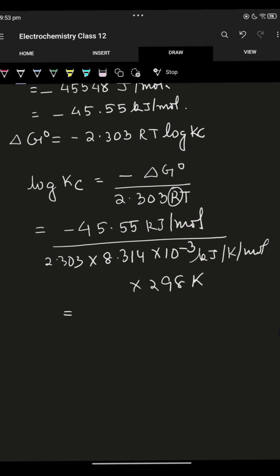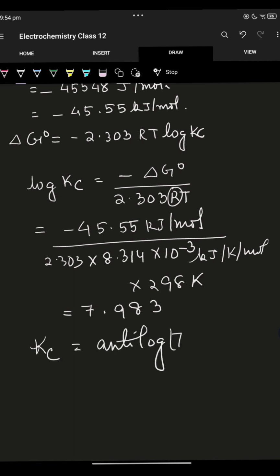So here the value will come out to be 7.983, and so log Kc is 7.983. So Kc is equal to the antilog of 7.983. You can keep your answer till this.